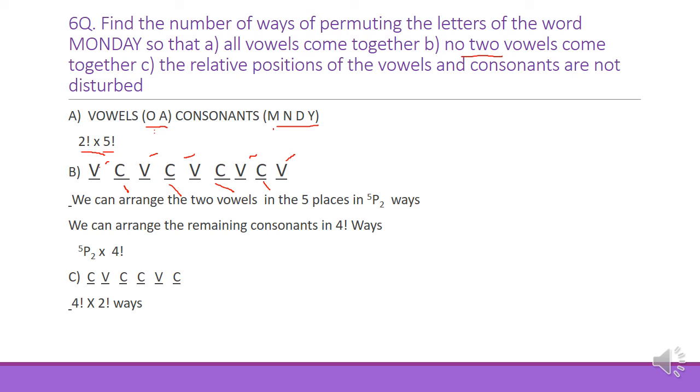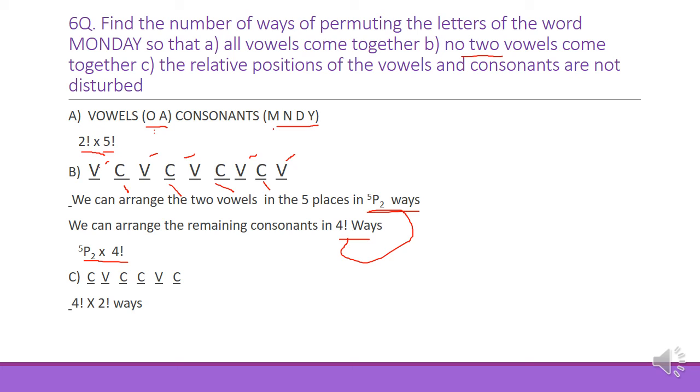We have to arrange these two vowels in these 5 positions. We can arrange them in 5P2 ways, and we can arrange the consonants in 4 factorial ways, so that we can say that the permutation for no two vowels coming together is 5P2 into 4 factorial.